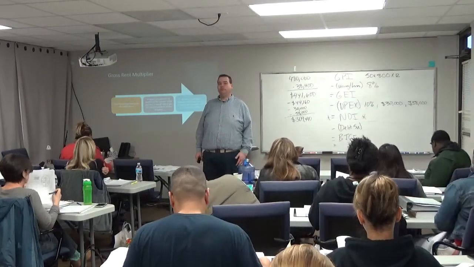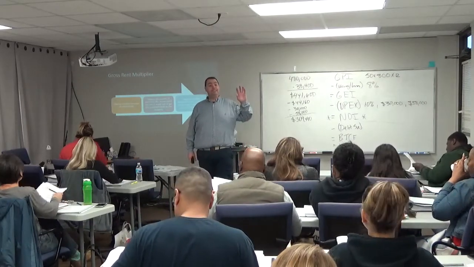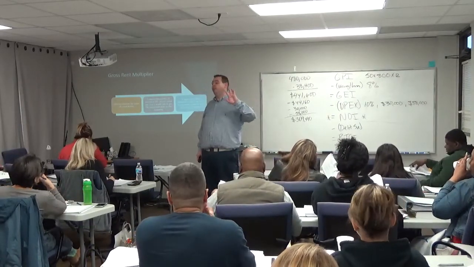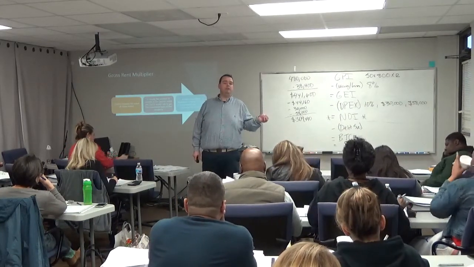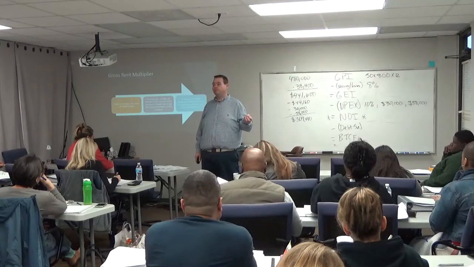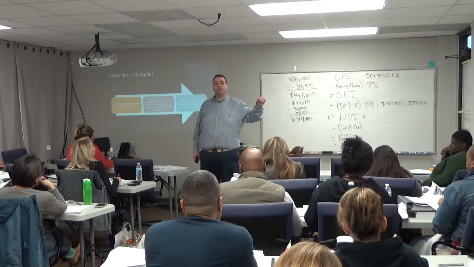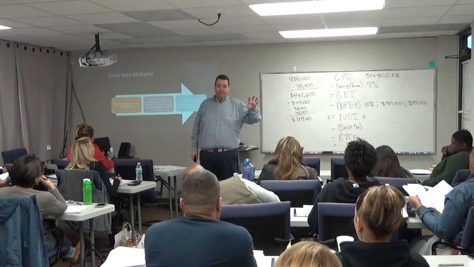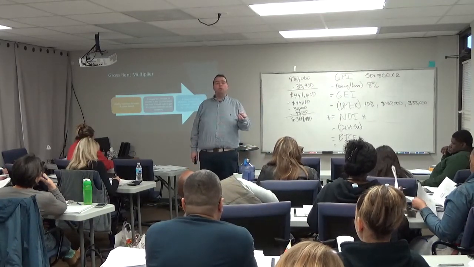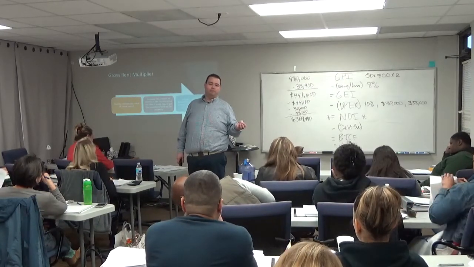A gross rent multiplier is used when you're valuing residential property that's bought for income purposes. Here's the problem. How do we normally value income producing property? We just did it, right? The income capitalization approach. What numbers did you have to have in order to come up with that value?